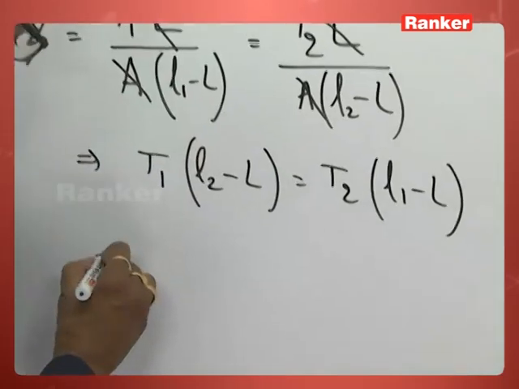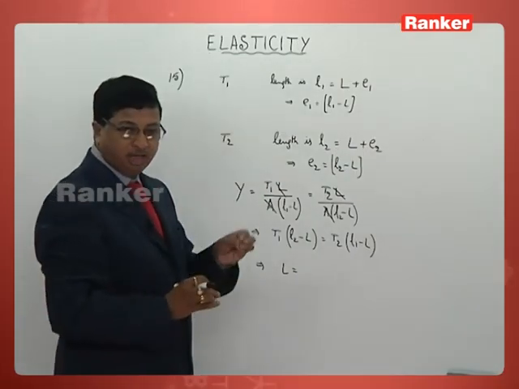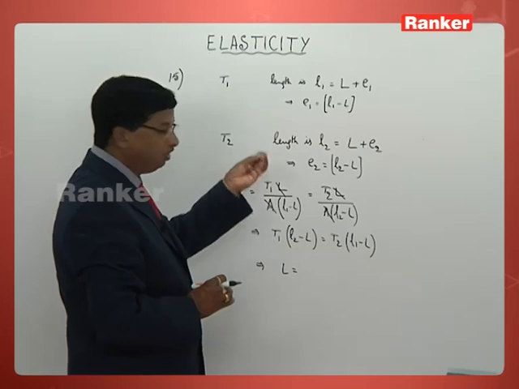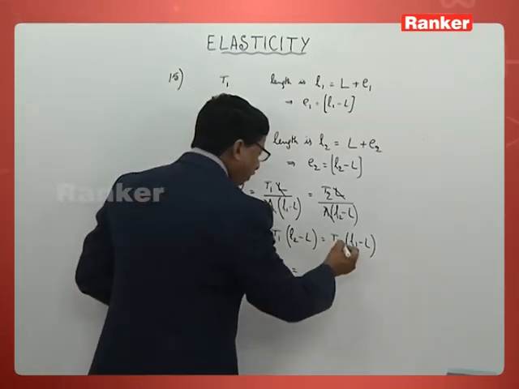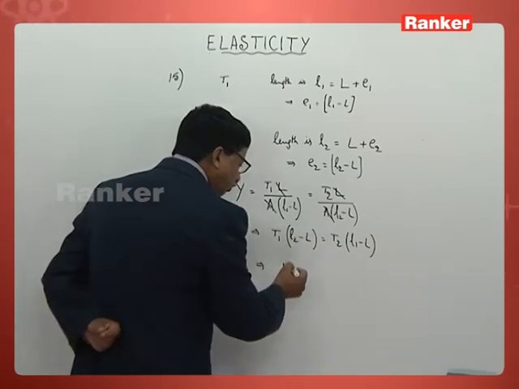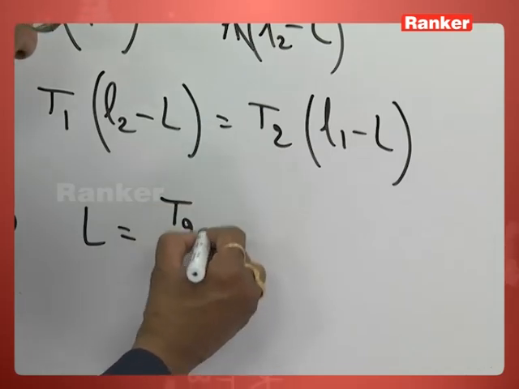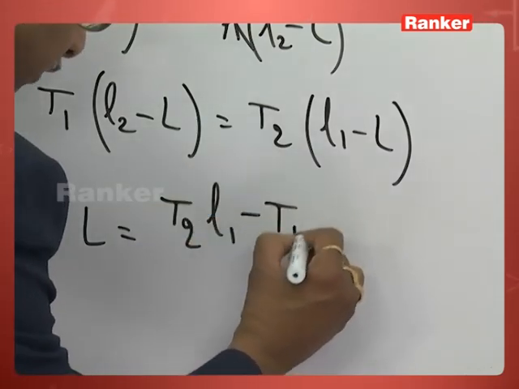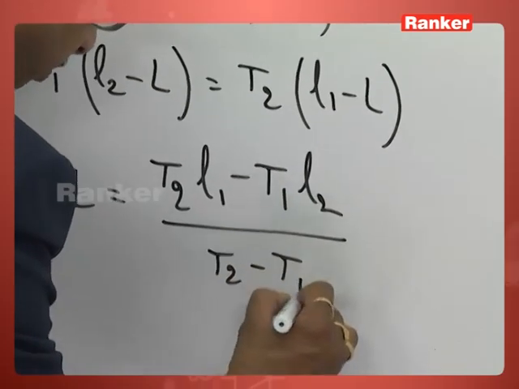The original length L will be T2 L1 minus T1 L2 by T2 minus T1.